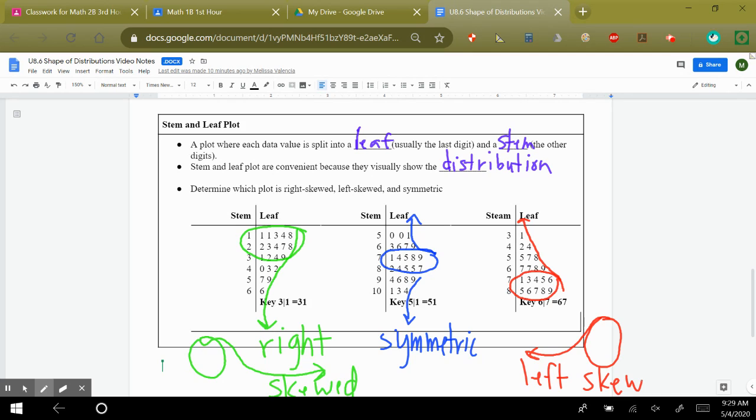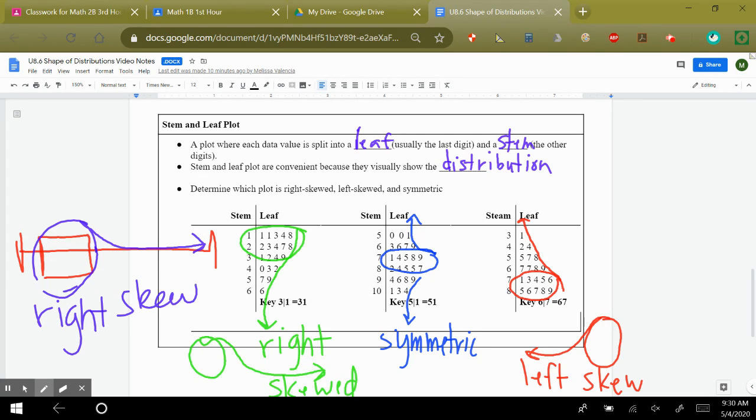Okay? We didn't talk about box plots, but think about the same idea. The box in a box plot tells you where most of the data is. So if your box plot is way out here and you have a giant tail going this way, that would be a right skew.